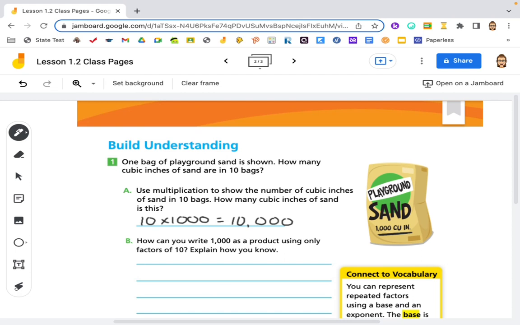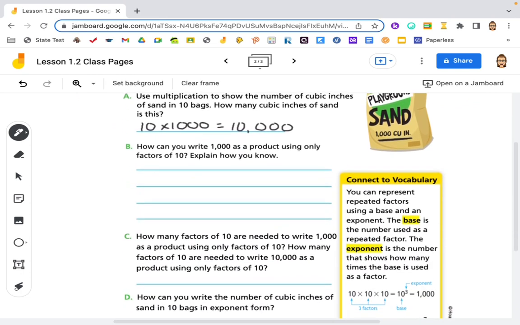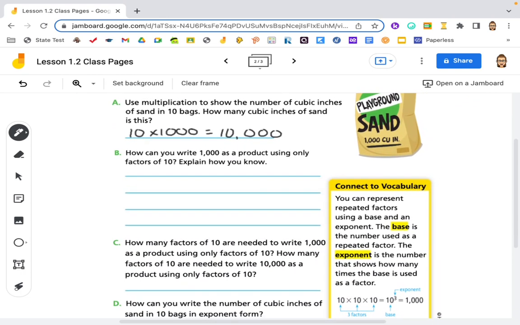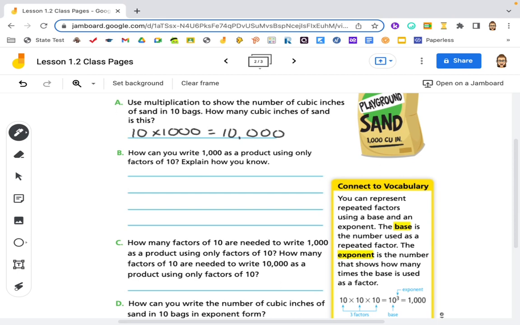So then it says, how can you write 1,000 as a product using only factors of 10 and explain how you know? Well, I'm going to do 10 times 10 times 10. And I know this because 1,000 has one more zero than 100.